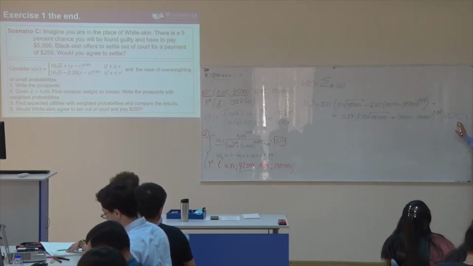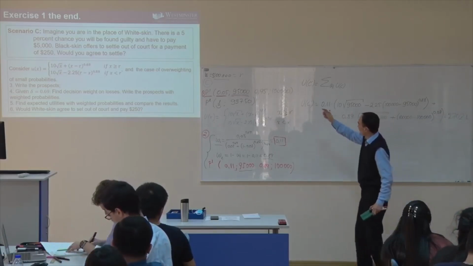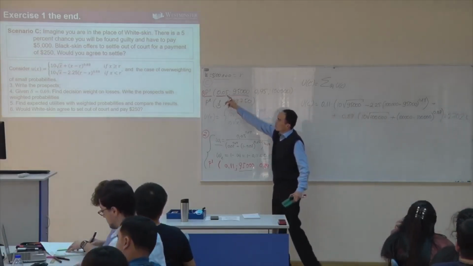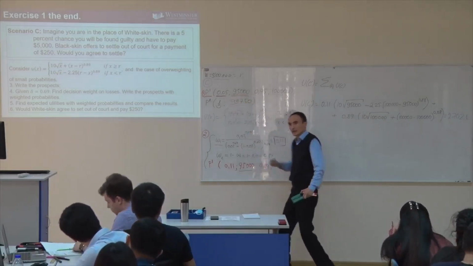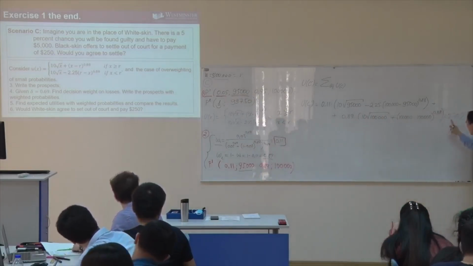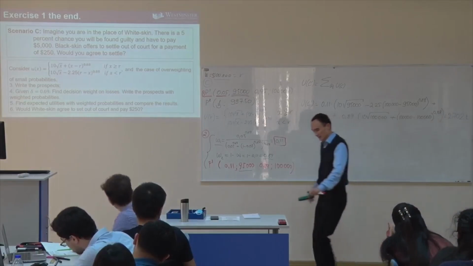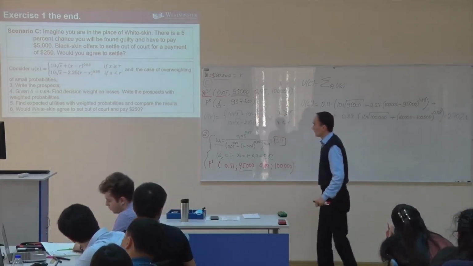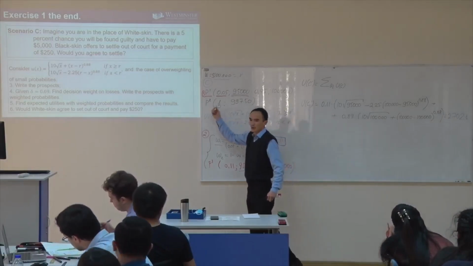So this is the outcome, okay? Which means that if the person decides to go to court, his expected utility is equal to 2,702. Okay, good. We found it. Now we are going to find the expected utility from the second prospect.